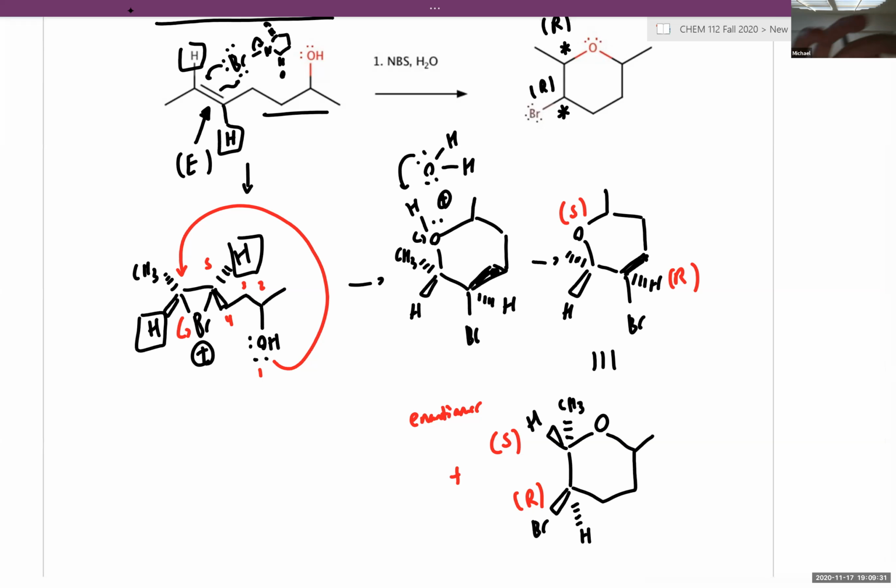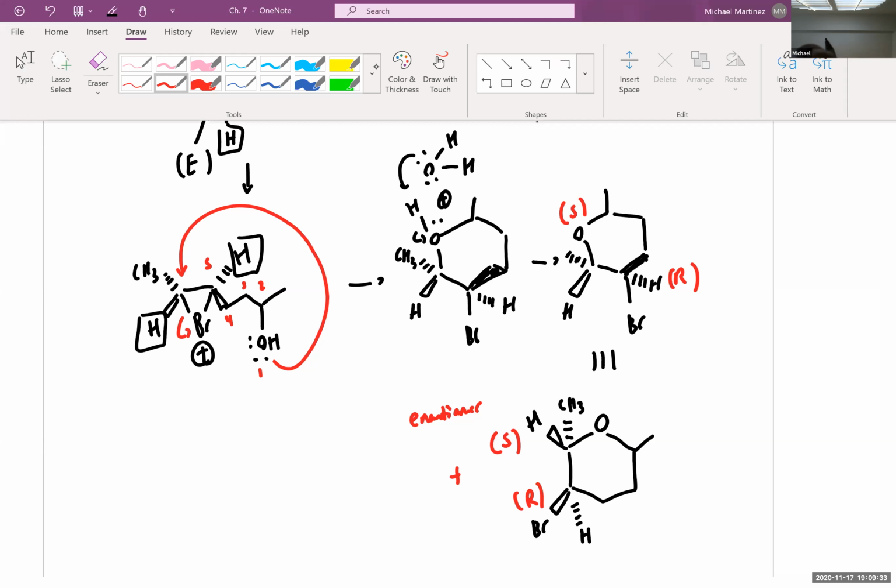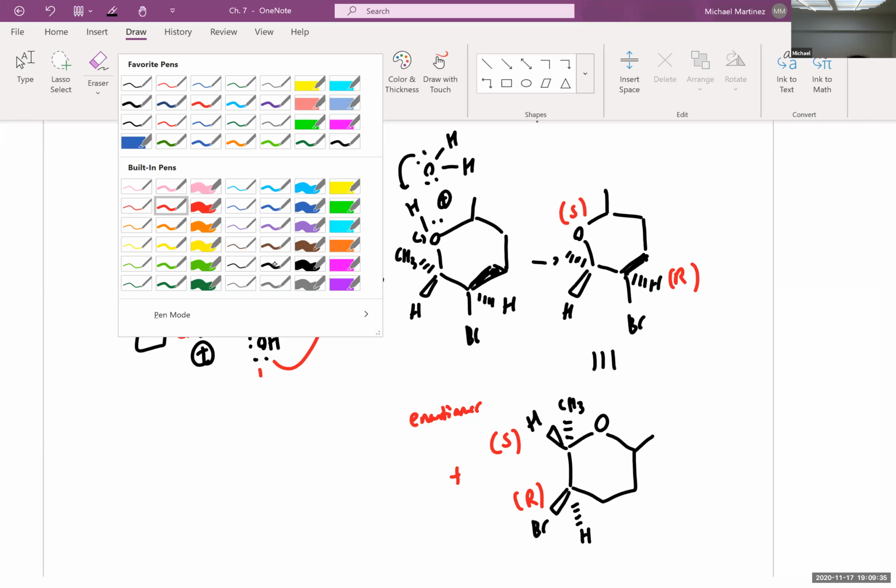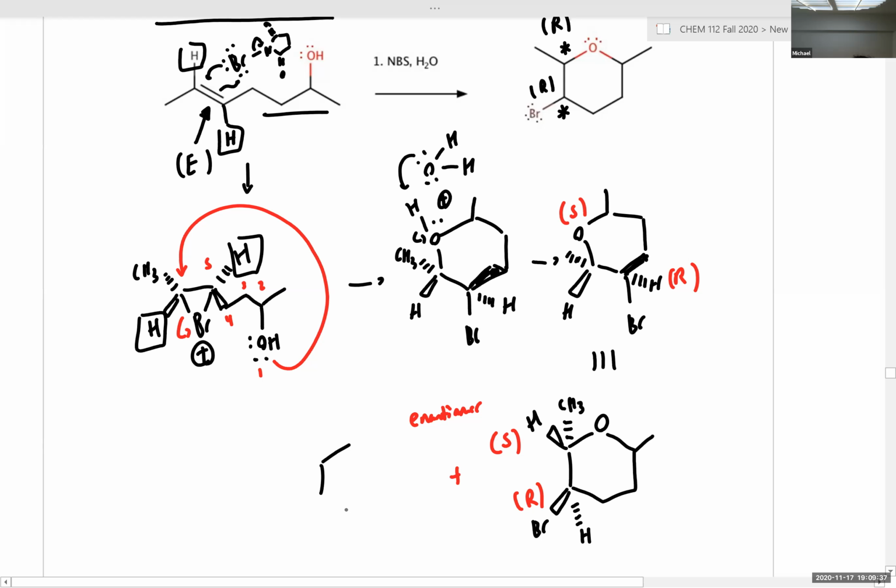So if you ended up with a structure with the exact opposite configuration at both of the centers, you were essentially drawing the enantiomer, likely because you had a different attack from your bromonium intermediate.